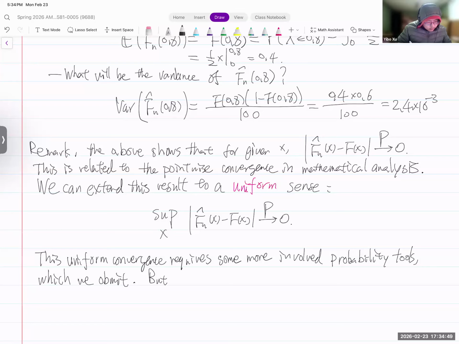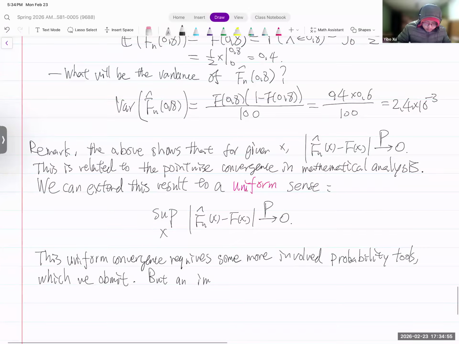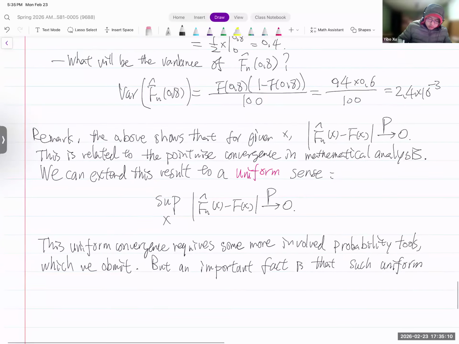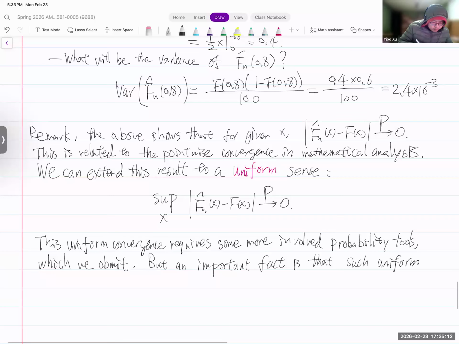But an important fact is that such uniform convergence is usually true, true in general.